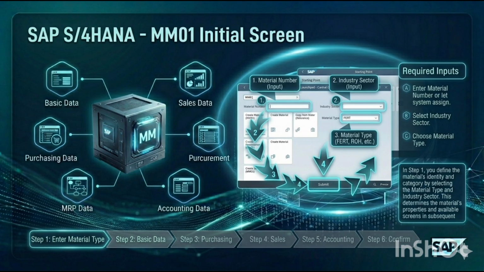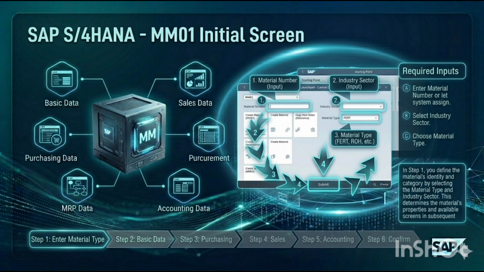Common examples are FERT for finished goods, HALB for semi-finished goods, ROH for raw materials, and HAWA for trading goods. Third is the industry sector. Most companies select M for mechanical engineering, and after filling these, press enter or click OK.